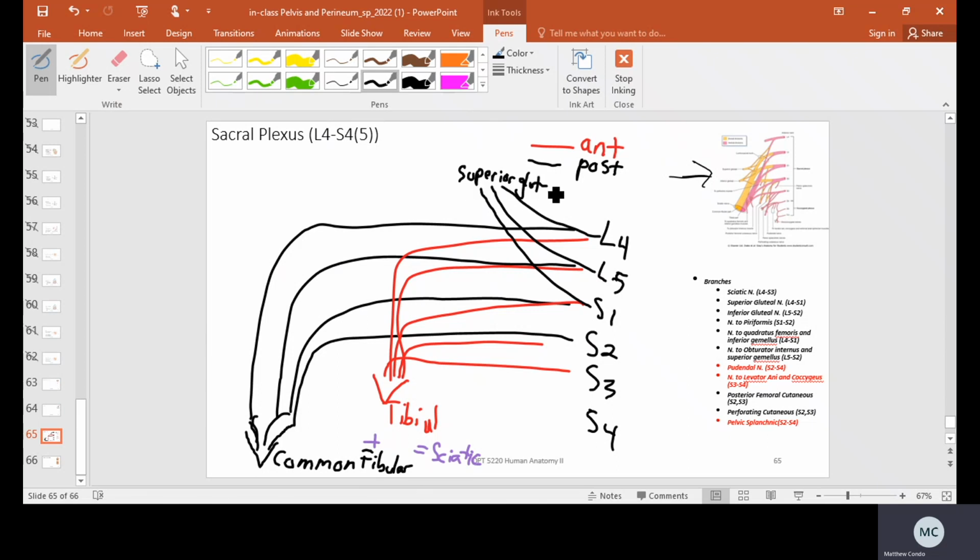Posterior aspect, yep. My inferior gluteal artery is going to come off of L5, S1, and S2.